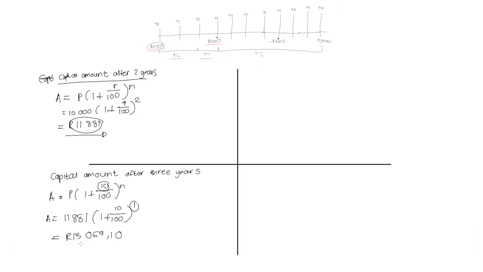So we simply take the amount available after 3 years and add the deposit of 2,000 Rand, which gives us the new principal amount of 15,069 Rand 10 cents. We then go on to calculate the capital amount after 7 years.